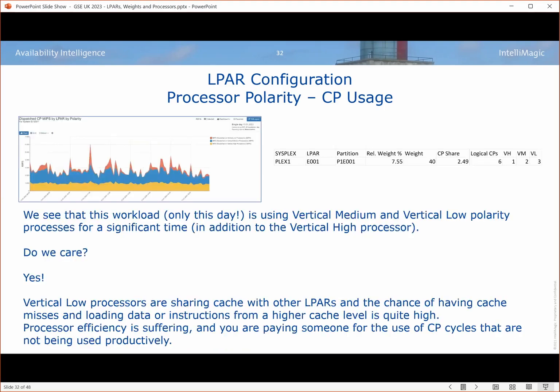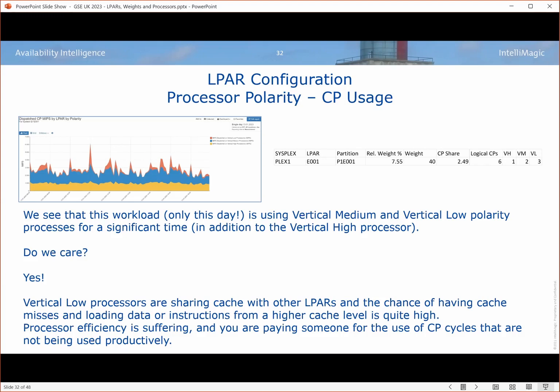Okay, so what does this tell us in a little bit more detail? In our little Excel sheet extract here, we see our weight and our relative weight and the CP share that's been defined and the number of logical CPs. So we see that the workload, only for this day, we have to look at other days as well.